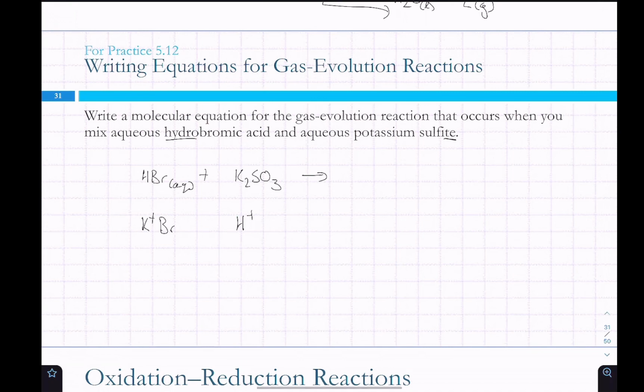So we're going to get KBr and we're going to get SO3 2 minus. We need to balance the charges for each of those. For potassium bromide, we have a 1 plus, 1 minus, so it's just KBr. For the sulfite, we need 2 hydrogens. And so those will be our products. And that's going to be aqueous. And the H2SO3 is also aqueous.